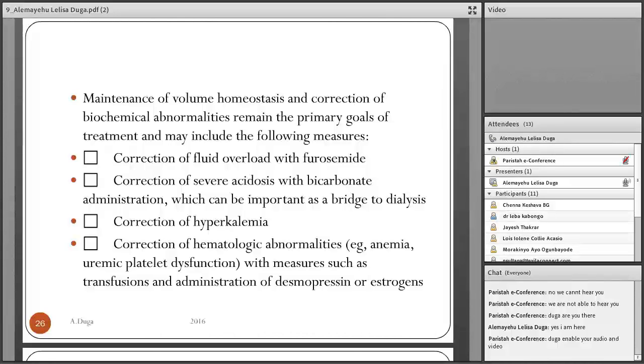Correction of hematologic abnormalities, such as anemia: AKI or acute kidney failure patients will face a very significant anemia. This should be taken care of by administering drugs which increase red blood cell count, or simply by transfusion.